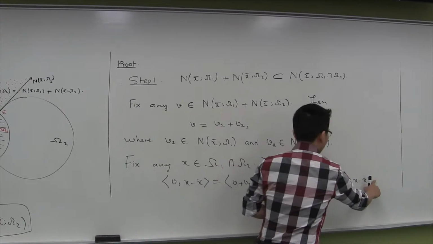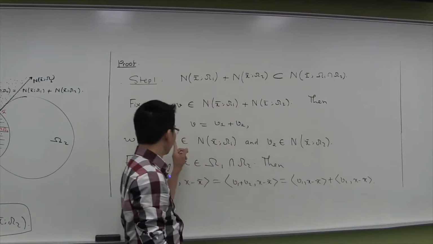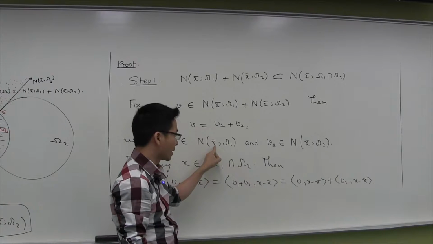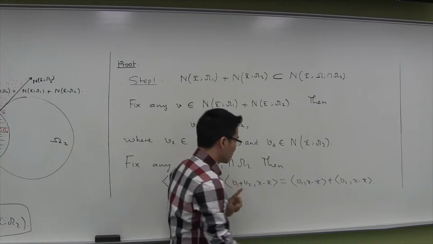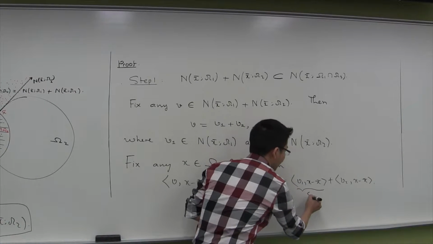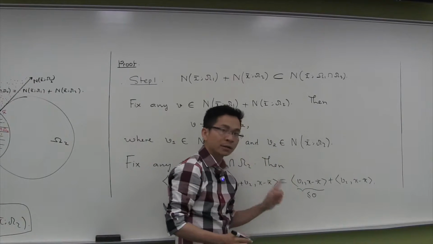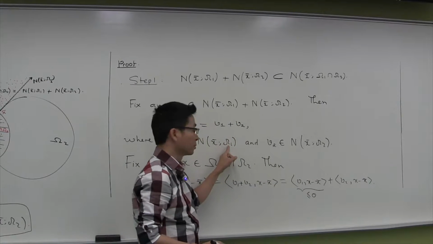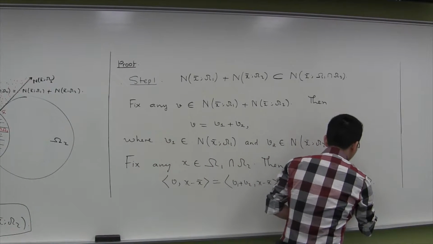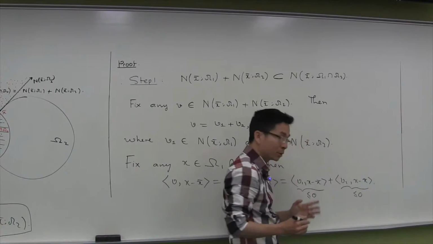Okay, now because v1 is in the normal cone to the set omega 1 at x bar, this inner product is less than or equal to 0 because x here belongs to omega 1. Similarly, this inner product is also less than or equal to 0.